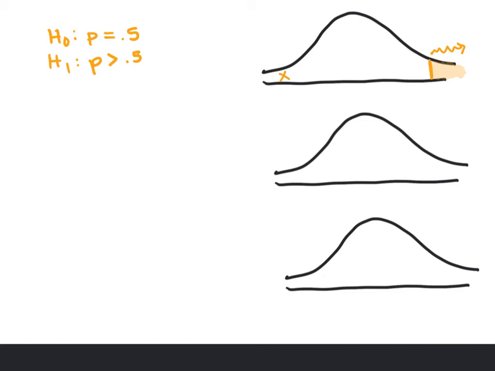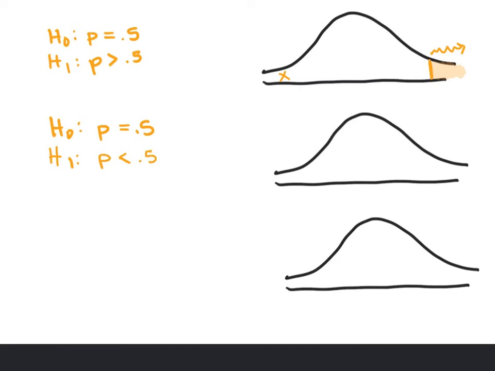Likewise, if I have the same idea, a coin should land on heads half the time. But instead, I have a reason to believe that that's happening less often. Well, same idea.